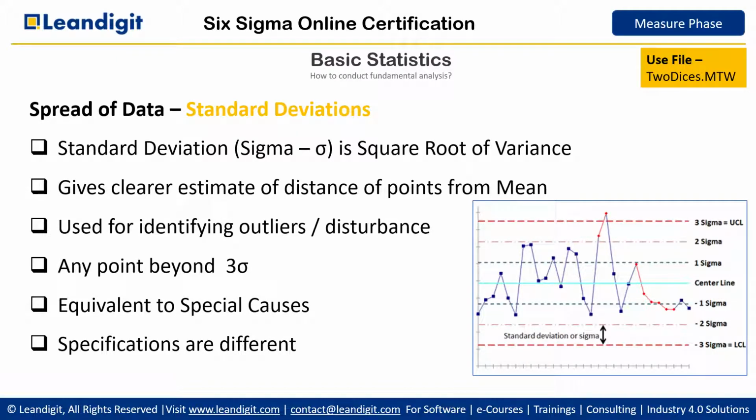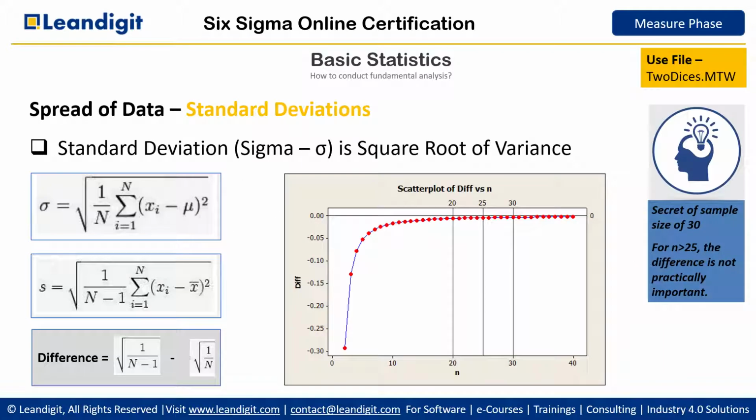Please always understand that specifications and control limits are different. Control limits is mean plus 3 sigma and is upper control limit. Mean minus 3 sigma is lower control limit. And the control limits indicate the actual variation in the process, whereas specification limit is USL and LSL, which indicates desired variation in the process which is given by the customer or the designer.